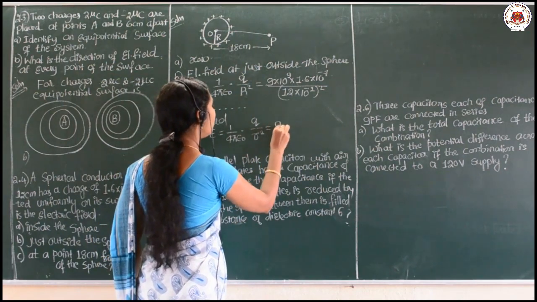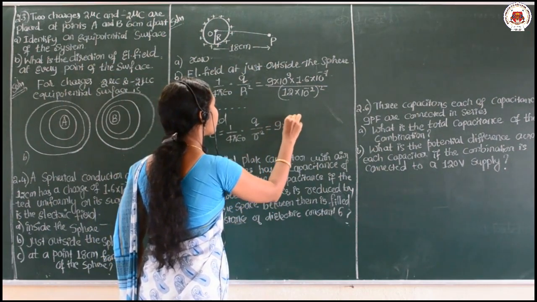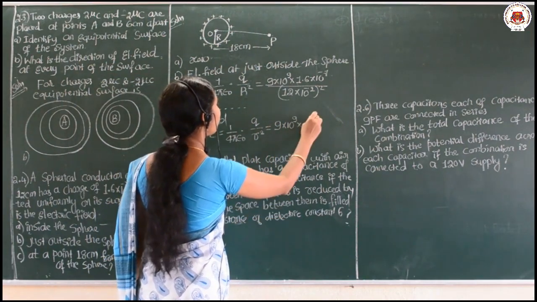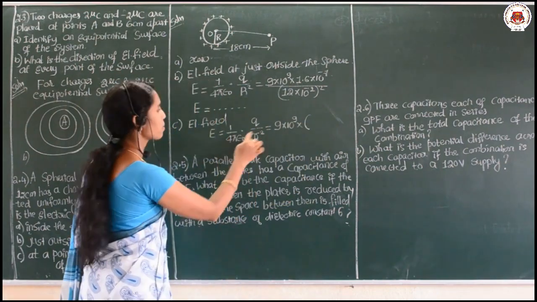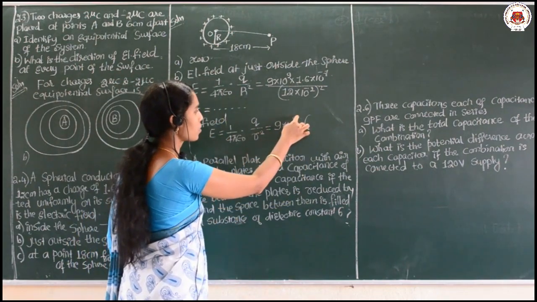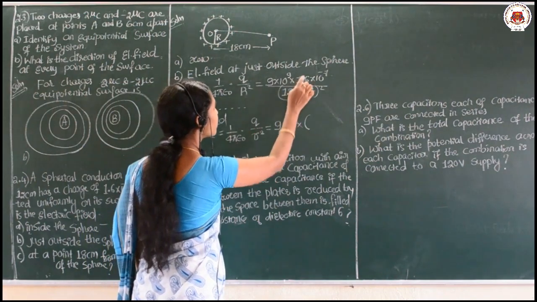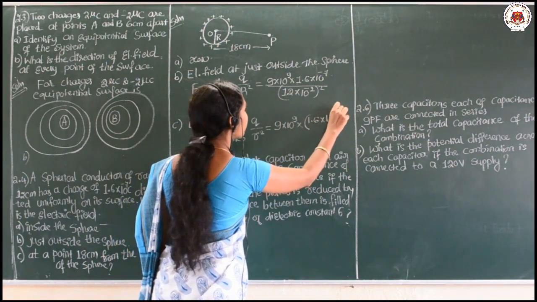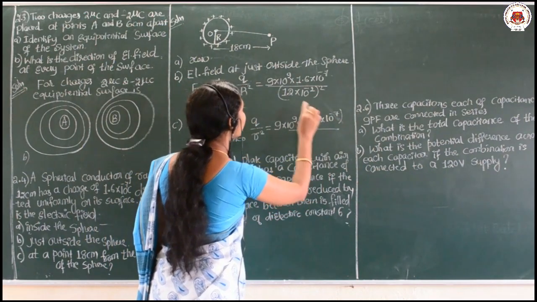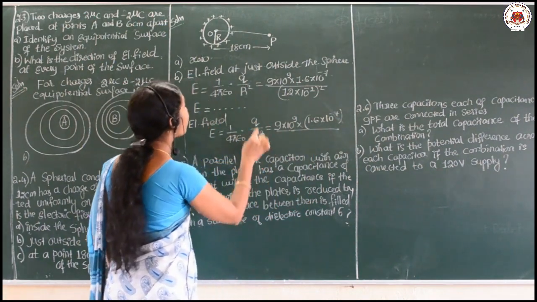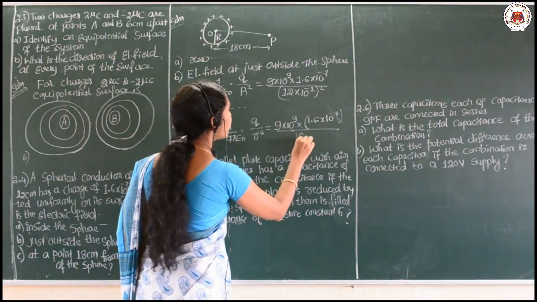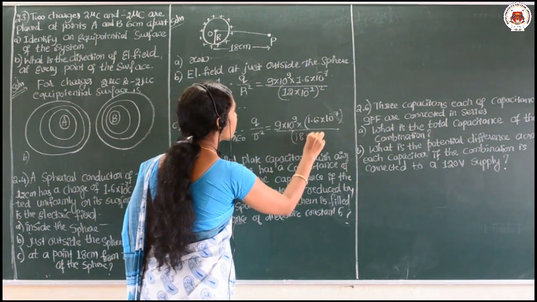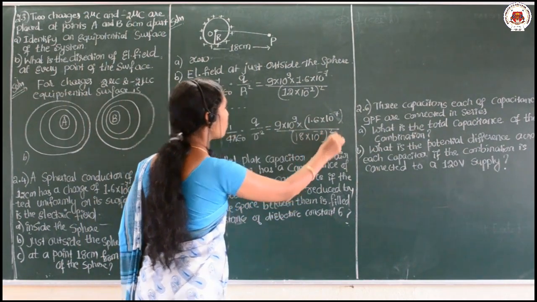That is equal to 9 into 10 raised to 9, the same 1 upon 4 pi epsilon naught, into Q, the same charge, 1.6 into 10 raised to minus 7, upon, so here r value is 18 centimeter, 18 into 10 raised to minus 2.